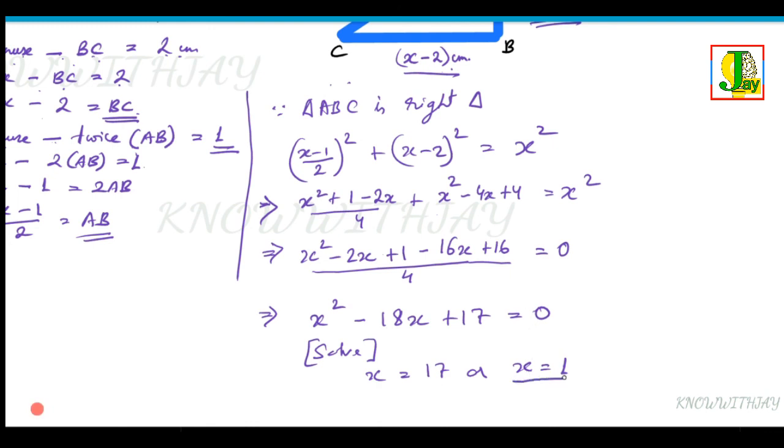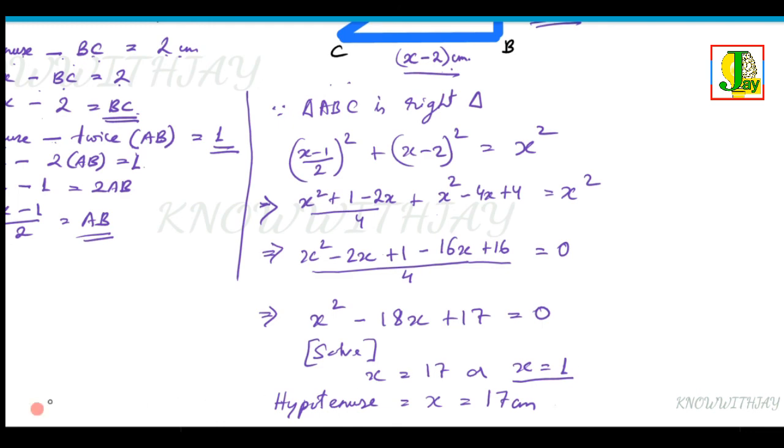We have to discard the value x equals 1, because if we take the hypotenuse to be 1, the other sides will be less than 0, which is negative, which is not possible. So discarding x equals 1, we have the hypotenuse x equals 17 centimeters.